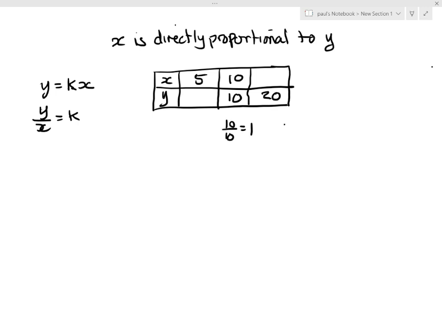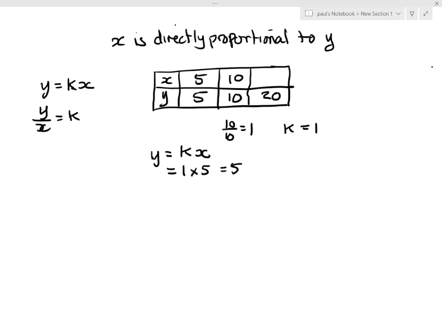So the constant equals 1. Now we can go back to y equals k times x because we need to find the y. So that equals 1 times 5, which equals 5.